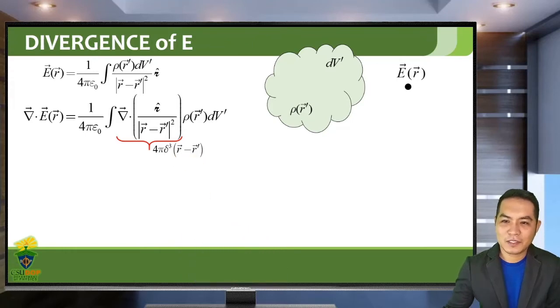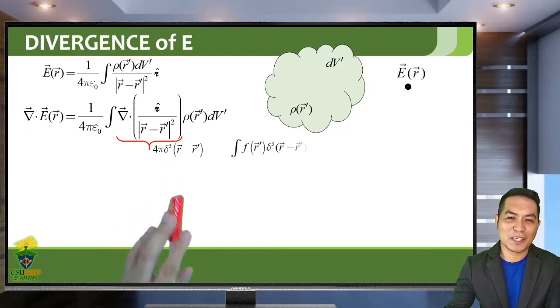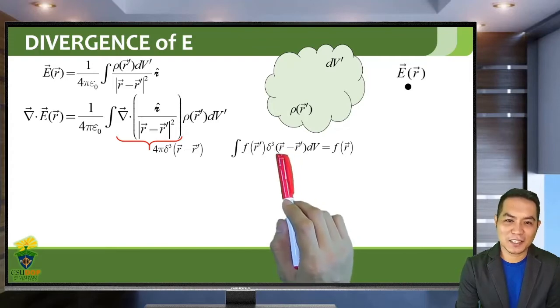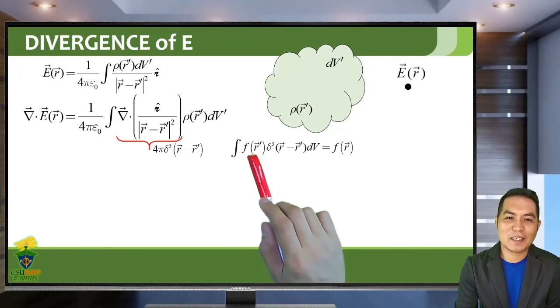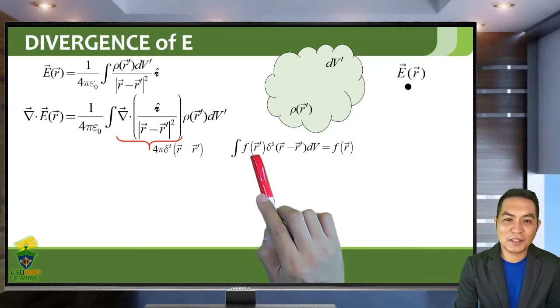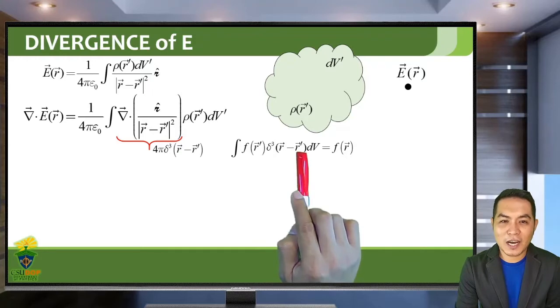And it's actually very comforting to have a Dirac delta function inside your integral, because if you have a Dirac delta function inside your integral, you don't need to integrate. Whatever function is beside your Dirac delta function, the evaluation of that integral is just the function evaluated at r prime equal to r.